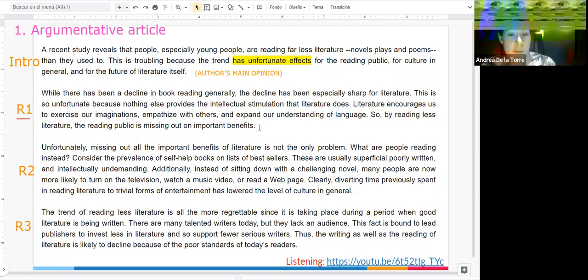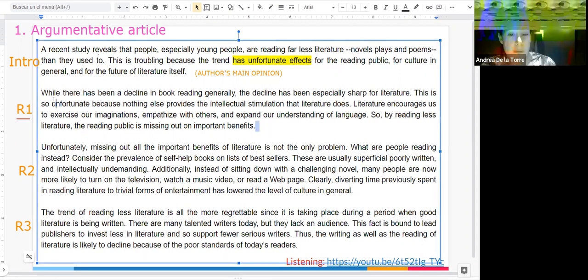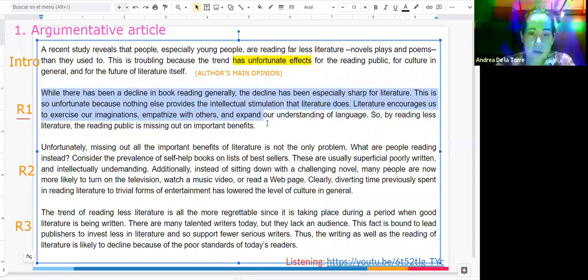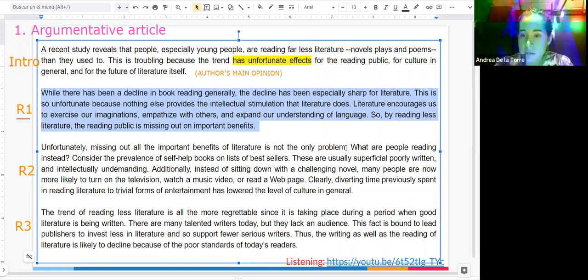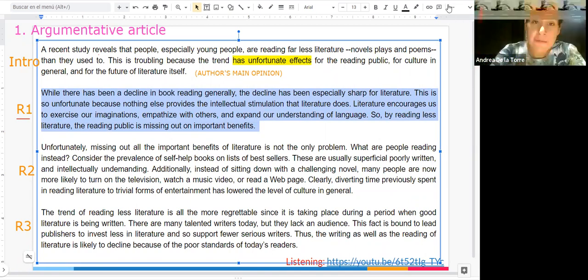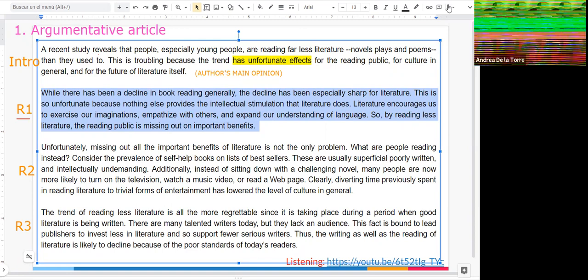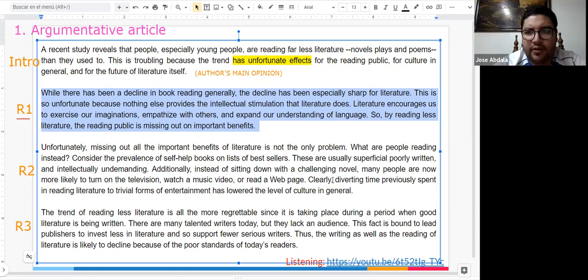What do we have here, guys? I think it's the first sentence says there has been decline in book reading.